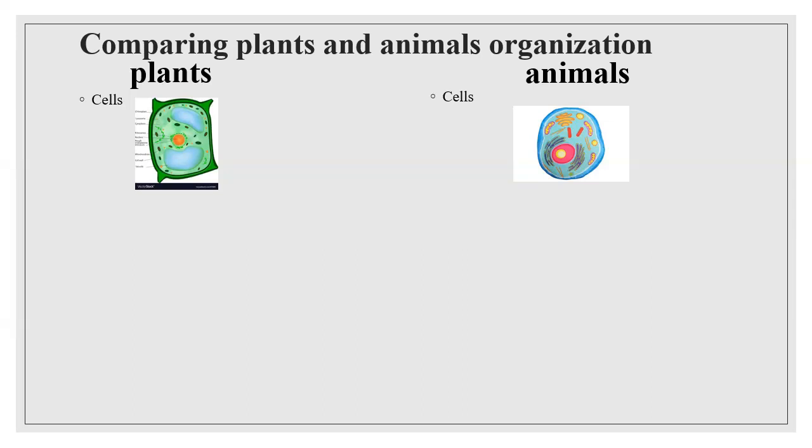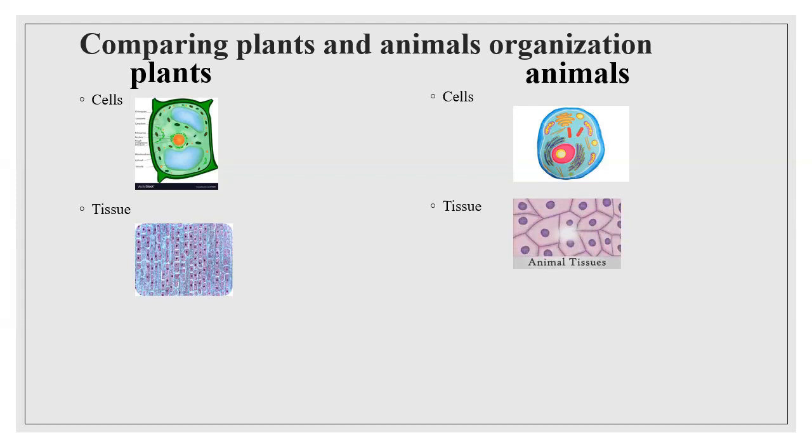When these cells join, they form tissue, and plant tissue appears like this: xylem tissue, phloem tissue, protective tissue, and photosynthetic tissue. We will discuss tissues in our next lecture. While the animal tissues have many examples like cardiac tissue, smooth tissue, and nervous tissue, and more.